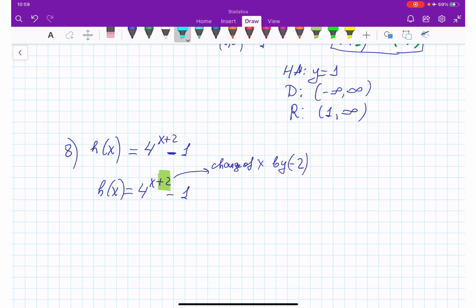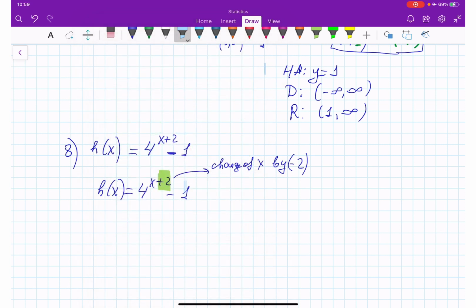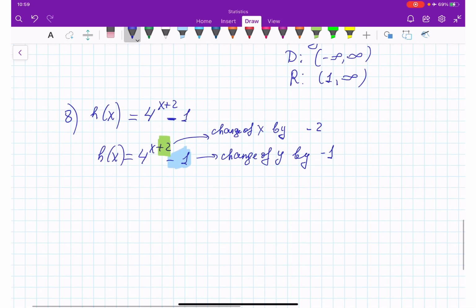This one, minus 1, is our change of y, and it changes by negative 1. I don't like this in parentheses, it looks like a coefficient. So let me make a space and put it like that. Minus 2, minus 1. Okay. So now we can build it.